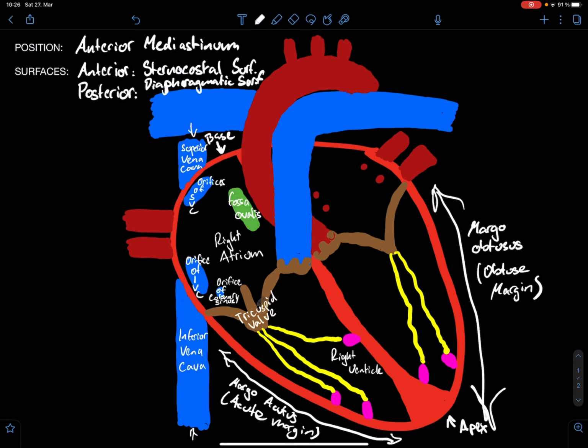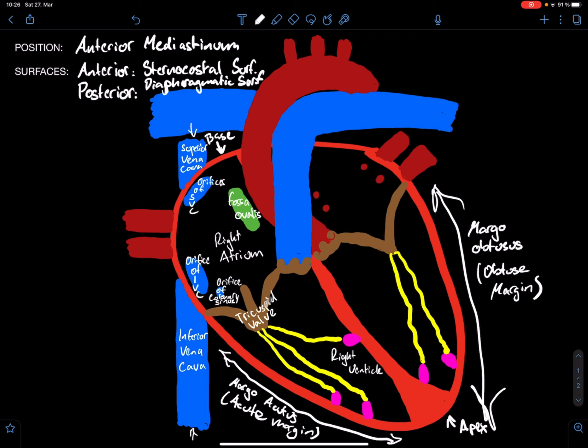Tri is Latin and means three, and cuspid basically means cusp, so we know the tricuspid valve consists of 3 cusps. They also have names. We'll go into them further in a more detailed video about the valves of the heart, but it is basically the anterior, posterior, and septal cusp.